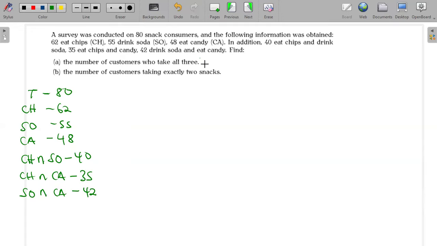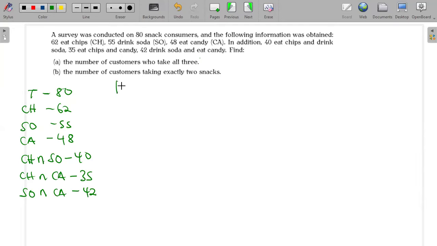So yet again we are going to use the inclusion-exclusion formula, where we said the total, those that eat either the chips, the candy, or the soda, are 80.